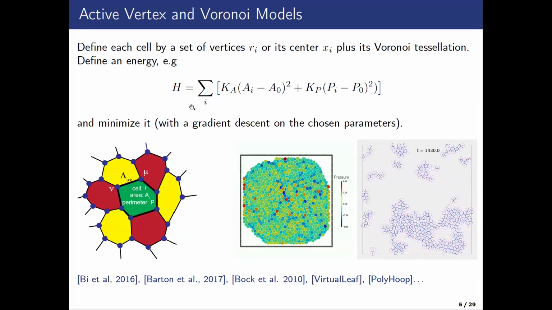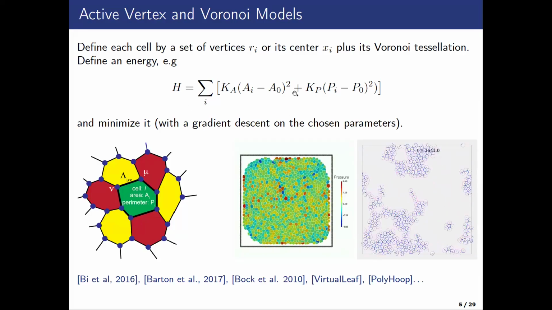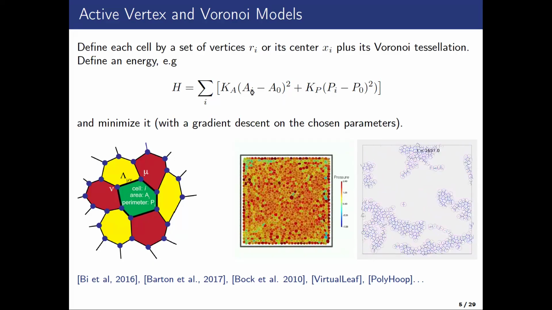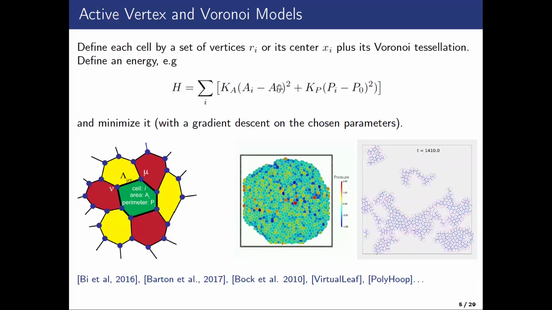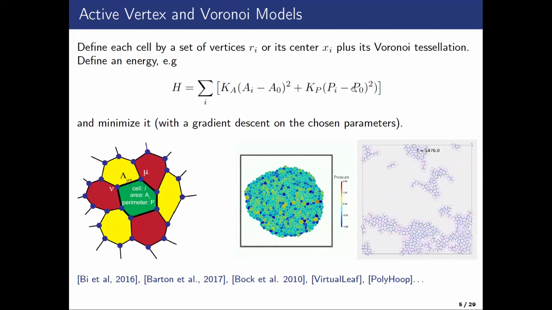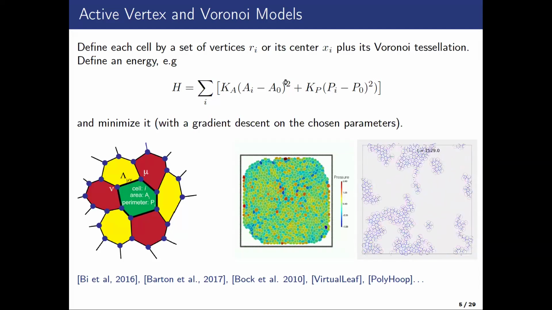Again, you define a Hamiltonian, so a neutral one would be that you want the area of the cell i to be close to this A0 and the perimeter to that, and then you have two parameters that you can choose freely.